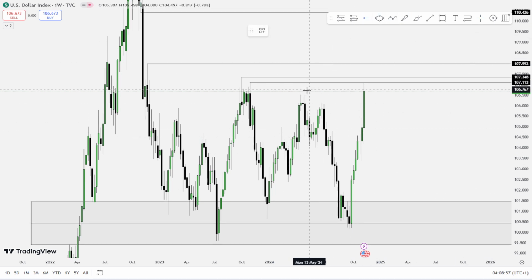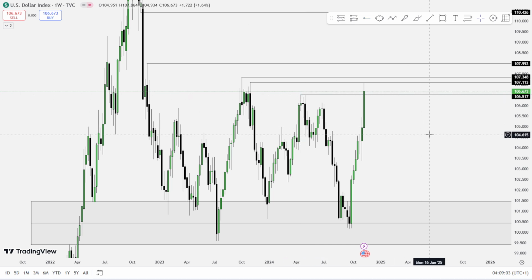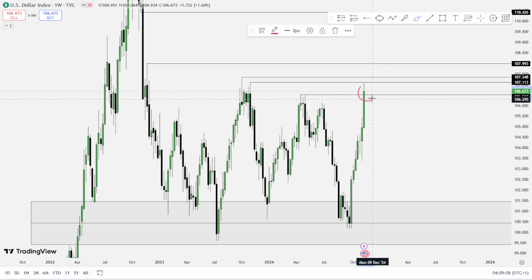Then we have this one which price has already taken out. Okay, and then you see price has already closed above this liquidity area on the weekly time frame, which means that price is more likely going further, going bullish, I mean to say.